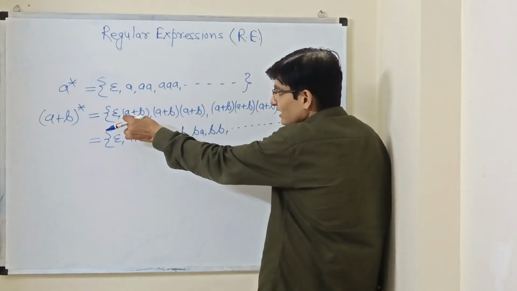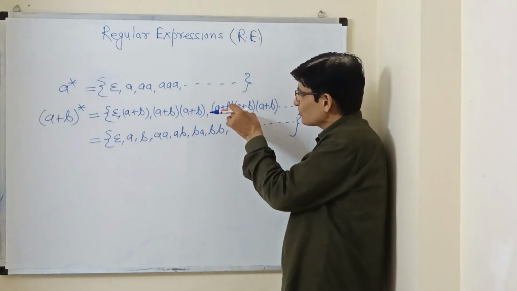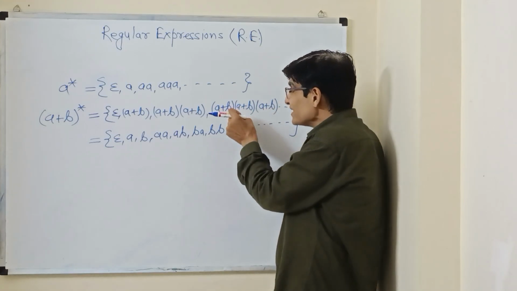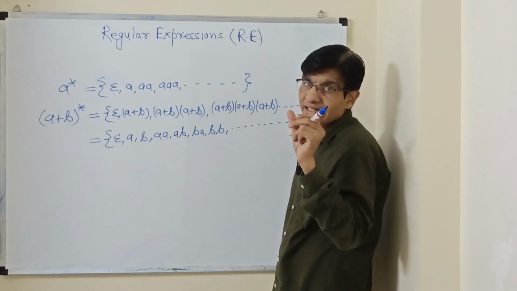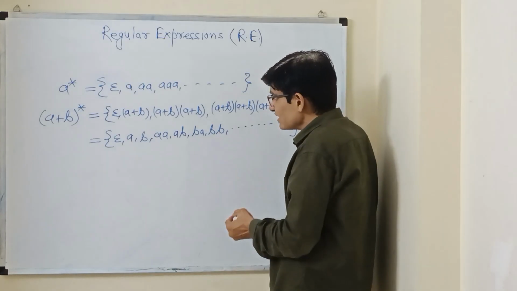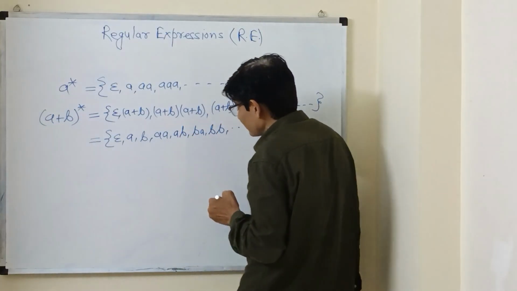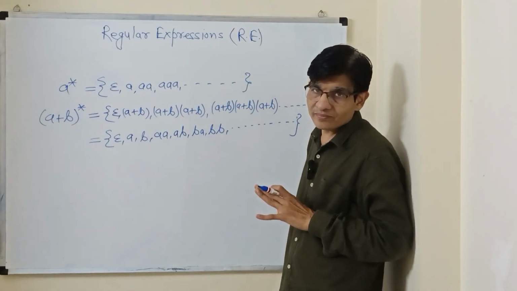In the same way, if we have three occurrences of A plus B, we can create all possible combinations of strings with length 3.